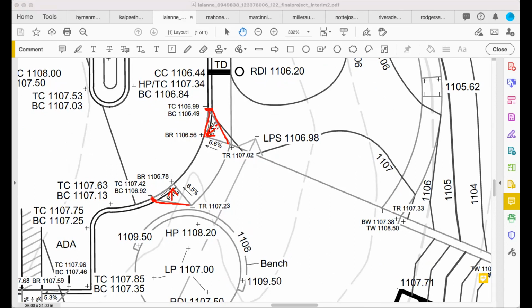TR, BR, all the other things look okay. You wouldn't have a TC there anymore, because let's see, you don't necessarily have a TC. Oh, you do, sorry.